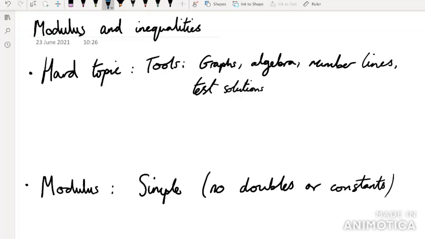We are finally getting on to our first, well, maybe you could argue second, but effectively our first big topic we're now covering in this video. This is going to be a hard topic, and the way I'd like you to think about these videos is that they contain all the tools you want to have ready at your disposal. You just want to make sure that you know everything that you can do, so that you have this in your toolbox.